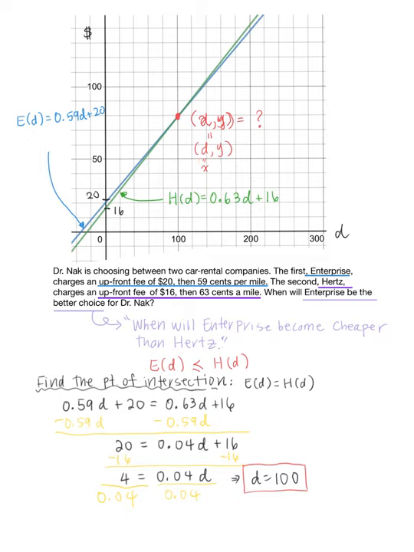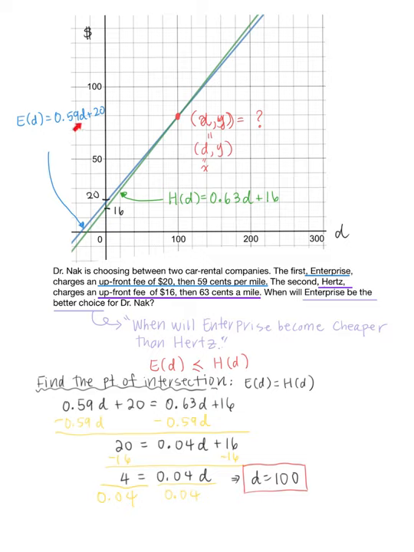Now, although the question does not ask how much I need to pay at the distance of 100, if you're asked to compute that, all you have to do is replace your d with 100. Then that should give you the value at 100 miles. So let's just do it.